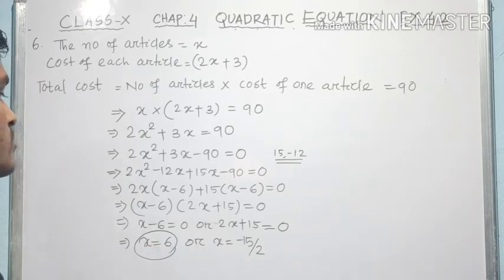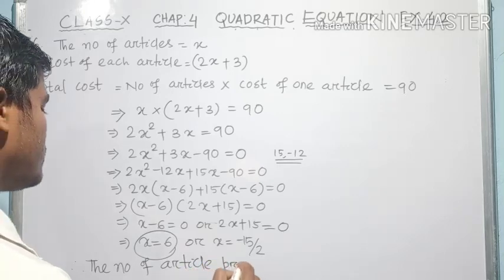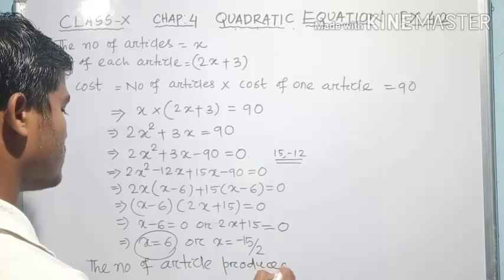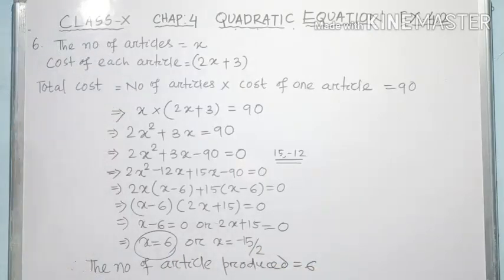So x is equal to 6. So the number of articles produced is equal to 6.